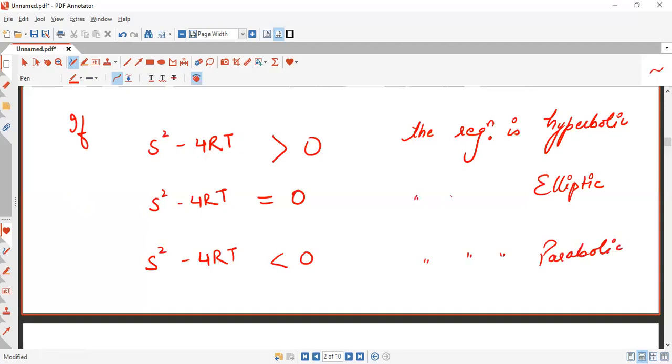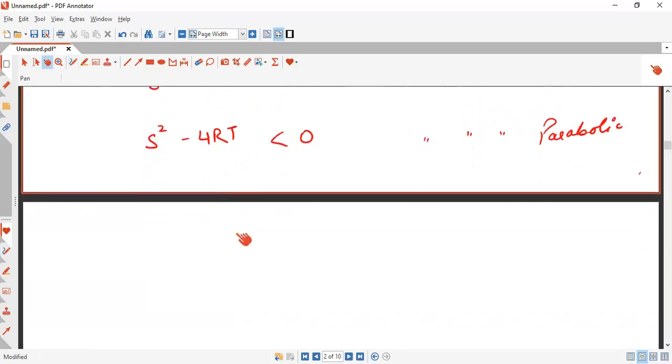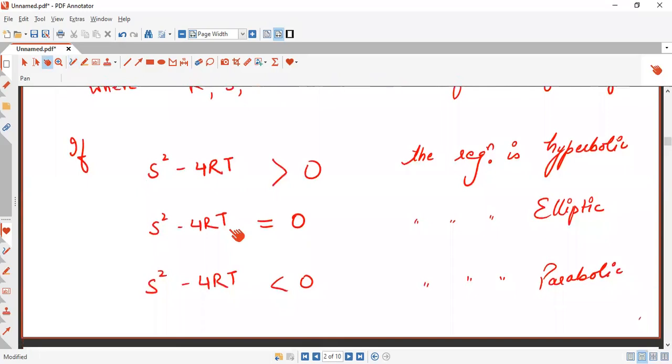So first, the question will be what kind of region the equation is showing. So you have to check this s square minus 4rt, whether it is greater than 0 or less than 0 or equal to 0. Question 1 of this exercise is on that only. Let's talk about how you will solve if the equations are given to you.